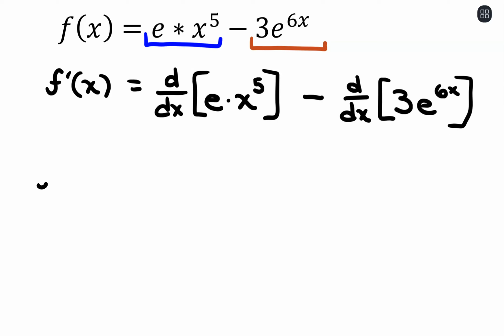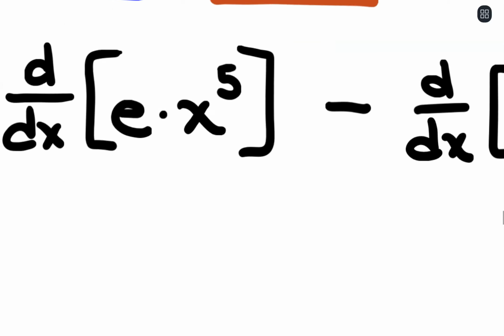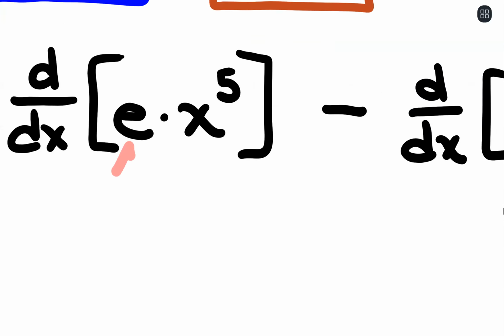Okay, so this first piece, let's just read through what we have here. So we have e. And what you want to keep in mind is that e is just a number. It's almost equal to 3, like a 2.79, I think. So that's just a number. So really this is a constant multiple. We have a number multiplying x to the 5th, which our derivative rule says stays, and then we just take the derivative of x to the 5th.